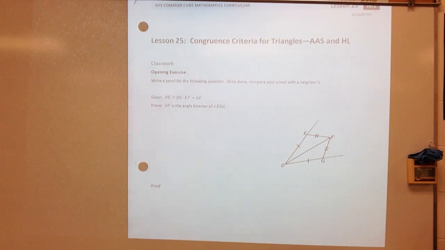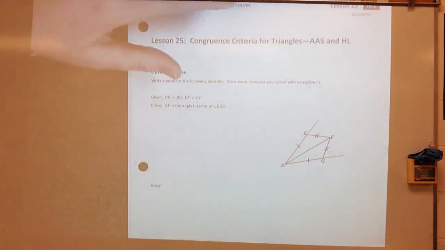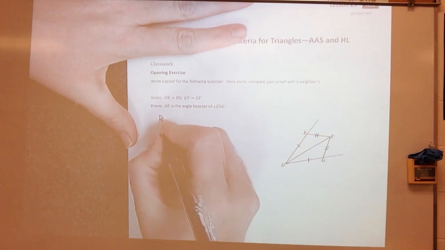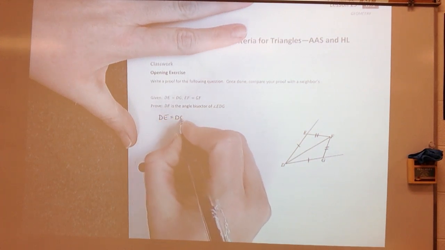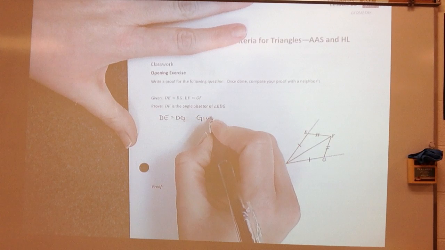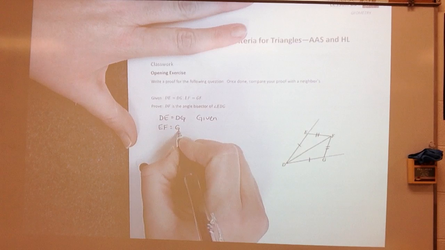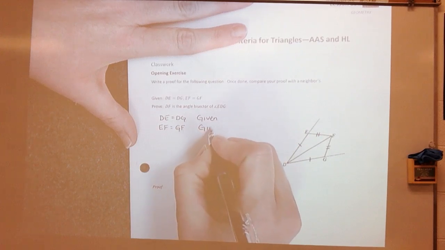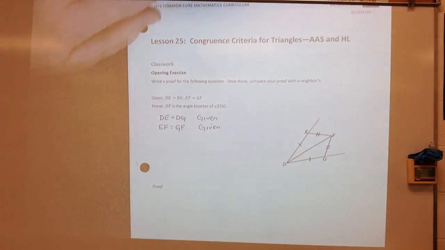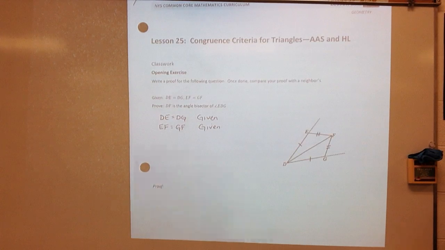All right, so let's start with our given information. We're given DE is equal to DG, and that is given. And we are given that EF is equal to GF. The reason is given. I should have written it down here, but that's okay. You can write it here, or you can write it where I'm writing it.